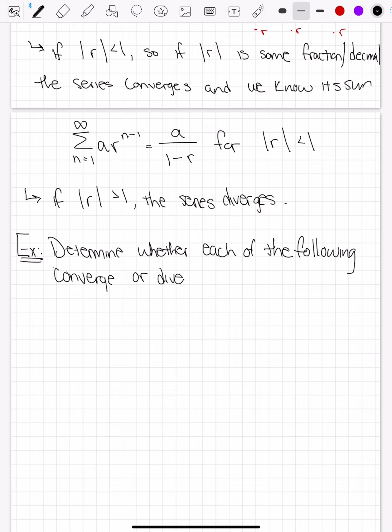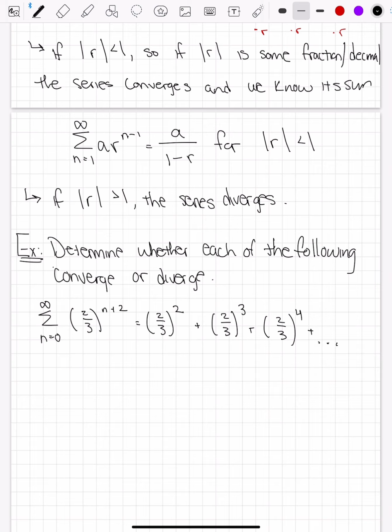The one we're going to do is the sum from 0 to infinity of (2/3) to the n plus 2. If we write this out, we get (2/3) to the 0 plus 2, which is 2, plus (2/3) to the 1 plus 2, which is 3, and then (2/3) to the 2 plus 2, which is 4, and so on and so forth.